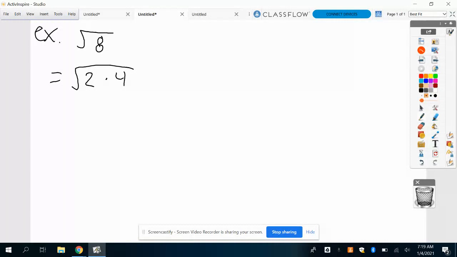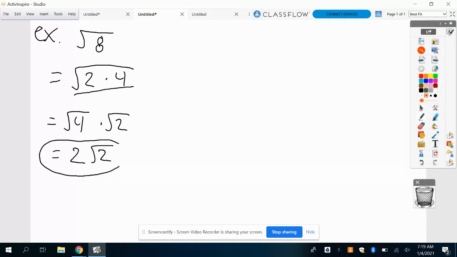Well, by the properties of square roots, you can actually break this up as the square root of 4 times the square root of 2. That's just a property of square roots because that's the same thing as this up here. Well, we know the square root of 4 is equal to 2, right? 2 times 2 is 4. You can't do anything with that square root of 2, so you would leave it like this. So if you were to simplify the square root of 8, your answer would be 2 radical 2, or 2 square root of 2.